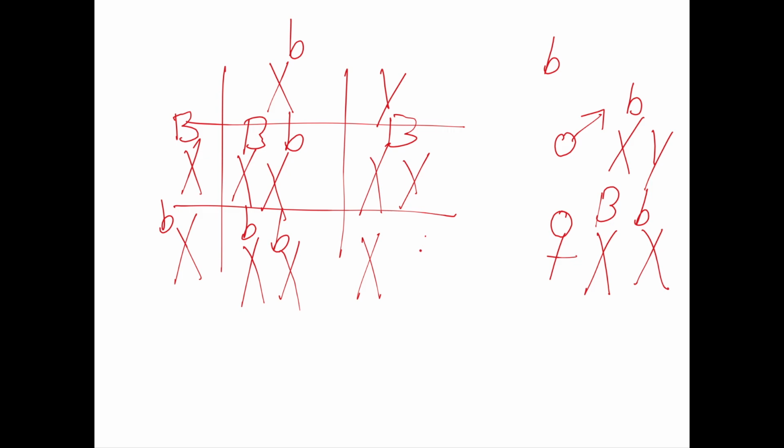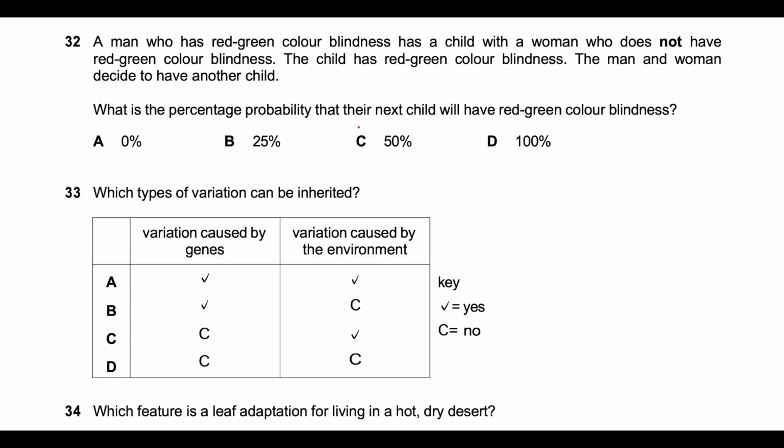And this boy, their son, is also affected because he has the small b. So if we just look at it, there is a 50% chance to have an affected baby. So the right answer here is 50%.